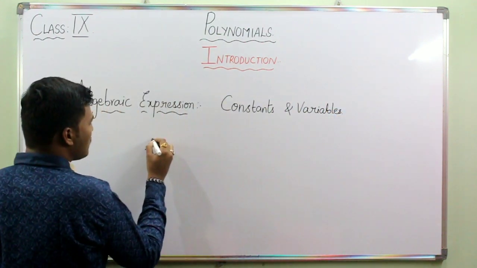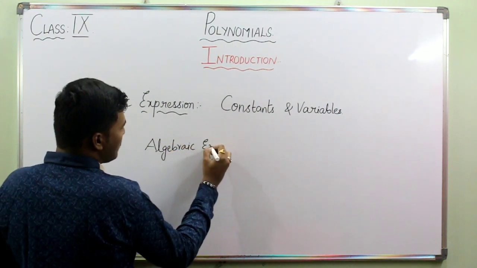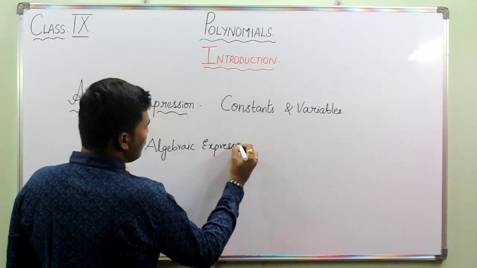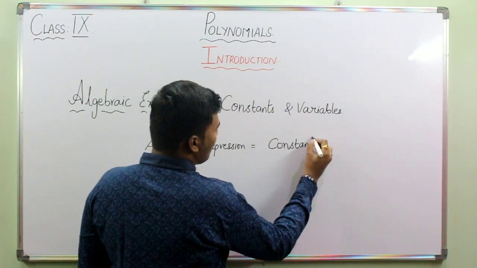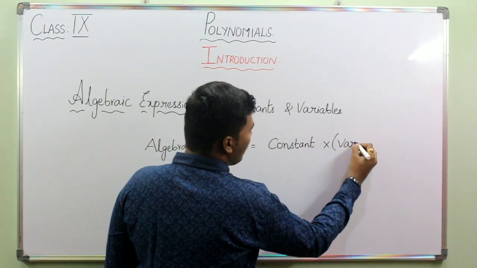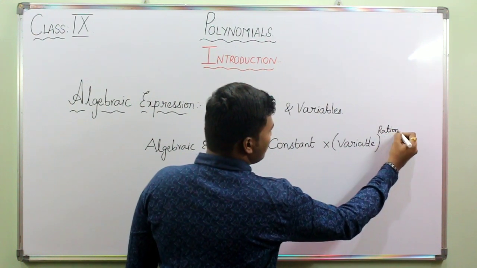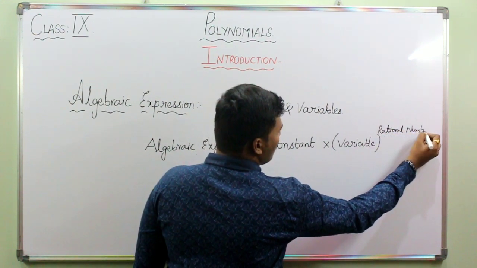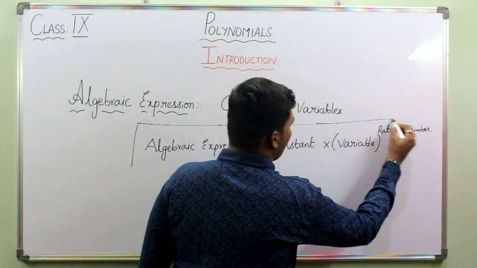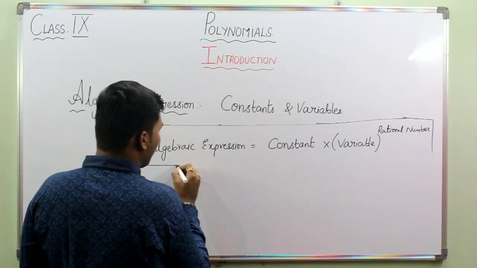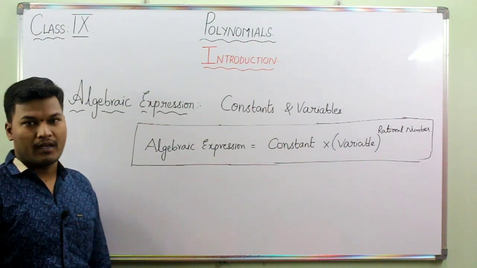An algebraic expression is formed by considering a constant into a variable to the power of a rational number. If we have it in this form, constant into variable to the power of a rational number, then whatever expression we get, we call it an algebraic expression.